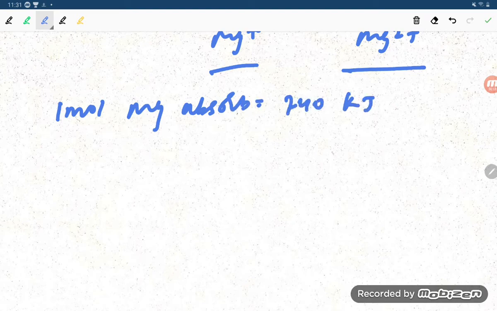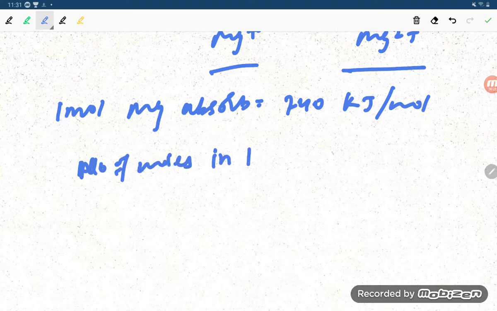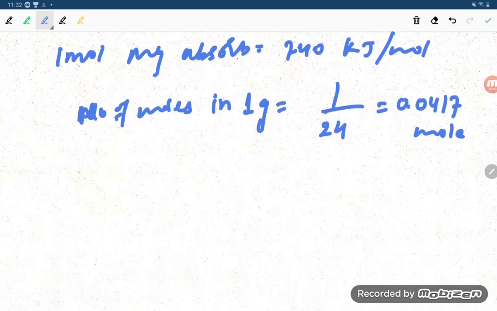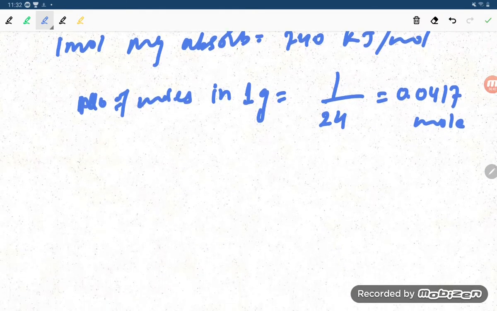Now the number of moles in 1 gram: 1 upon the molar mass of magnesium, which is 24, equals 0.0417 mole. So this is the Mg.